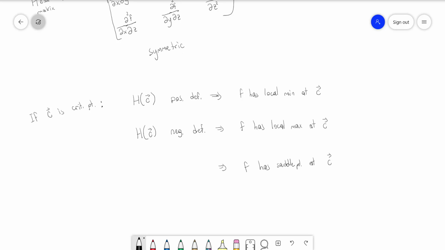I don't think I've ever seen what the condition is for something higher than 2 dimensions, but if I had to take a guess as to what the condition for a saddle point is, maybe I'll put a question mark because I don't think I've ever seen it before. I guess it's just if the Hessian is neither positive definite nor negative definite. Well, I want to say that it should have a positive and a negative eigenvalue. Okay, so that's what I'll write down. That should be correct, but I don't know if there's a better condition to check.